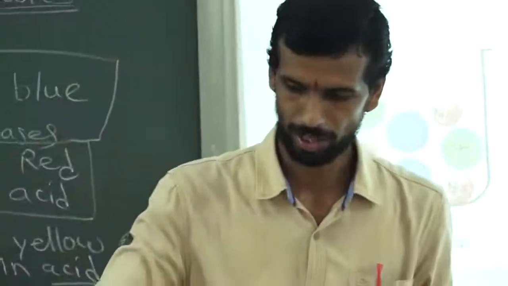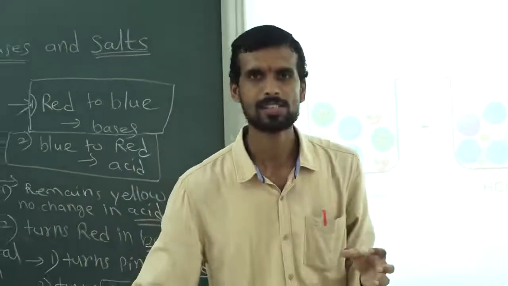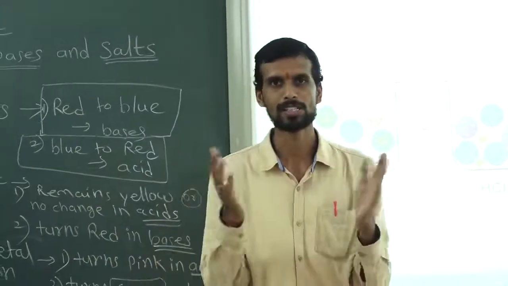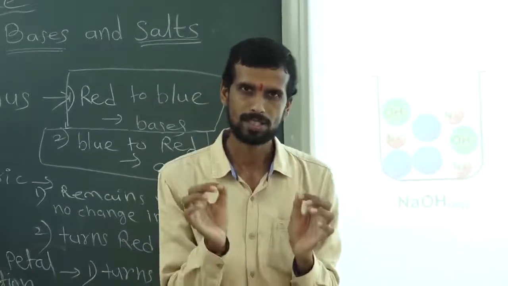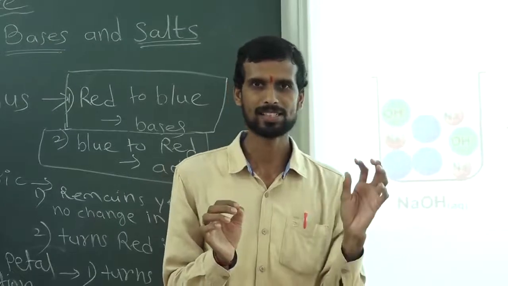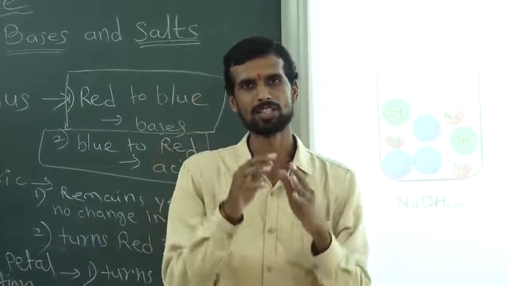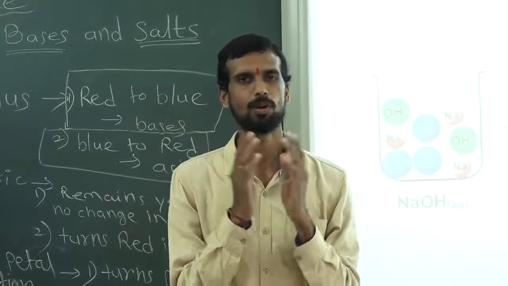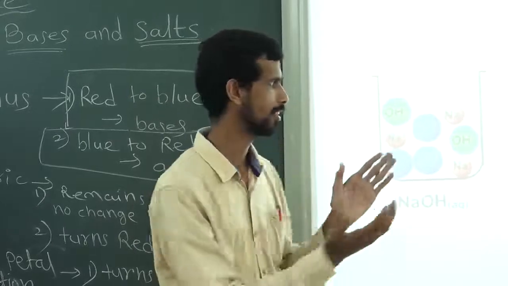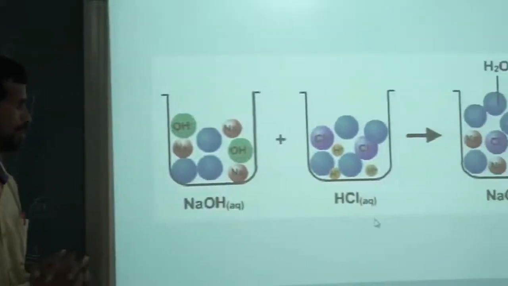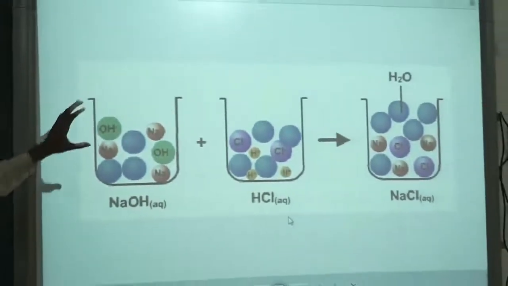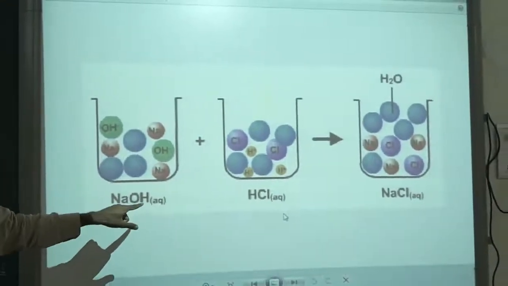So now till now we have seen indicators, what is meant by acid, what is meant by base. But if I ask you, what happens if we mix acid and base with each other? What will happen? Answer is here. Okay. So here in your picture you can see sodium hydroxide NaOH is the chemical formula.